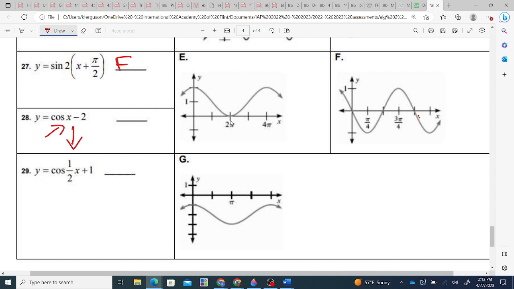So E, if it moved at all, it moved up. And G, it moved down. So, yep, without having to do a lot of figuring out, because my graph went from here down to there, 28 is G. And then by process of elimination, that's E.